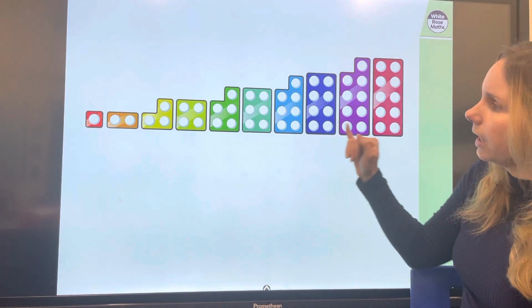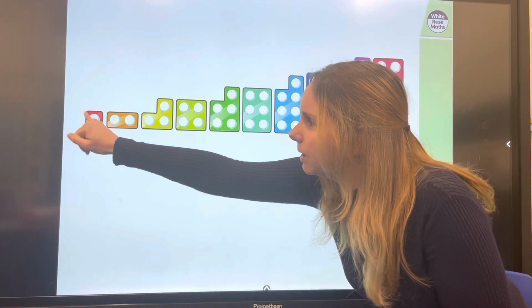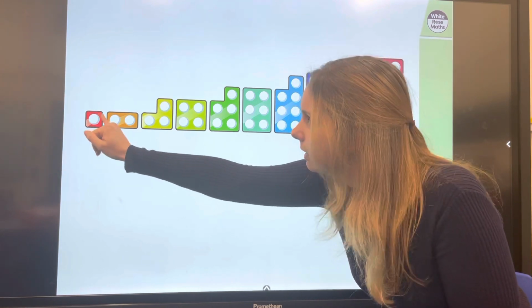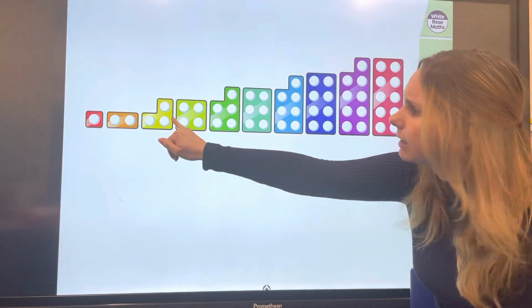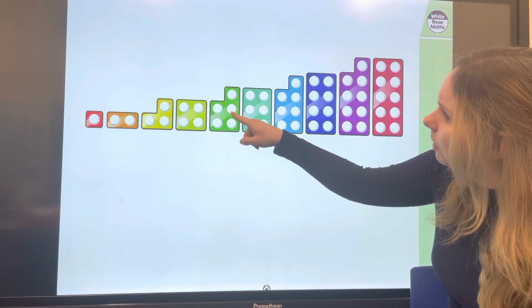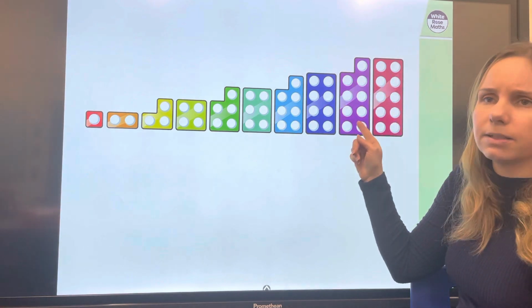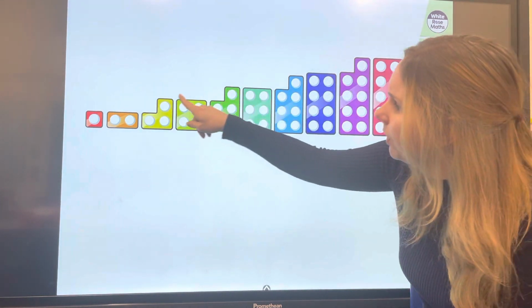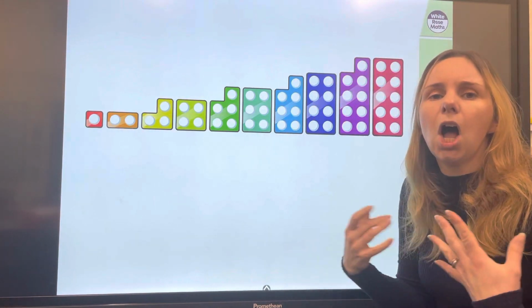Apart from the 1, which is odd because it doesn't have anything next to it, number 3 has a sticky out bit. Number 5 has a sticky out bit, as does number 7 and as does number 9. They've got that sticky out bit, and number 1 on its own, because they are odd.